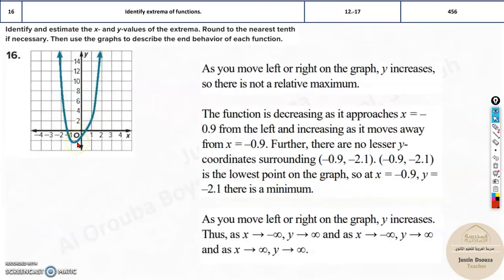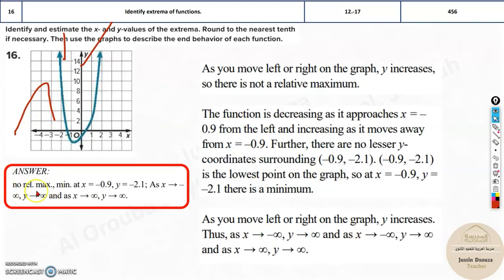Now, here, see over here. Is there any relative maximum? No, there is no depth. It's just going forever, right? No, there is no relative maximum. You should say no relative maximum, but there is a minimum point. This is the absolute minimum or minimum. What does it mean? No part of the graph goes below it, right? That's why it's minimum. What is the x value? About negative 0.9 over here.